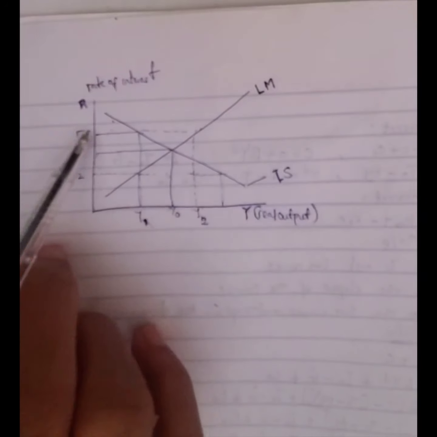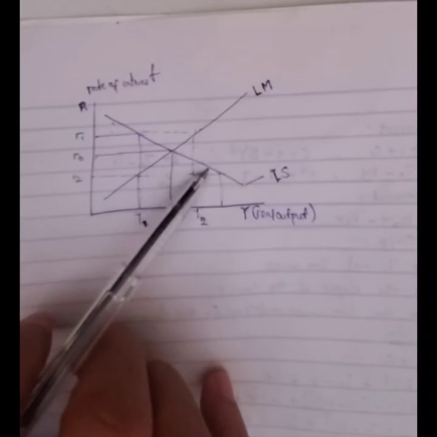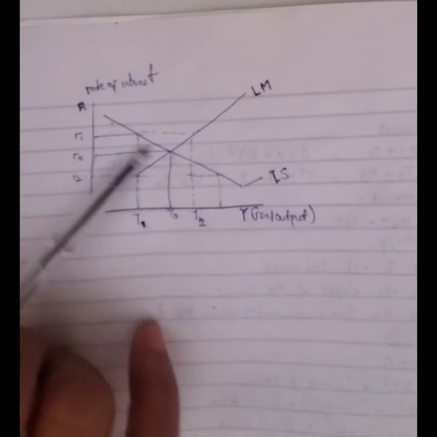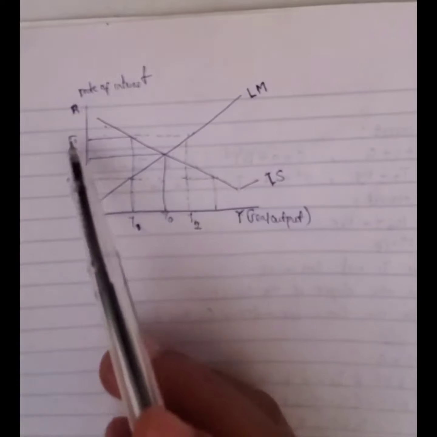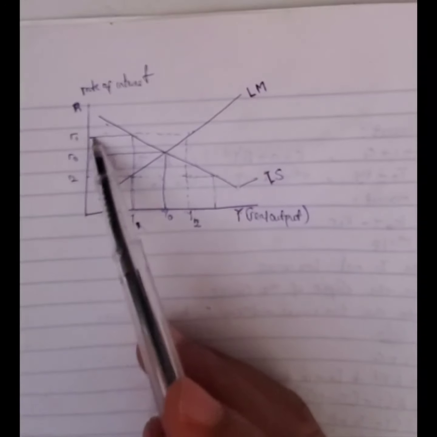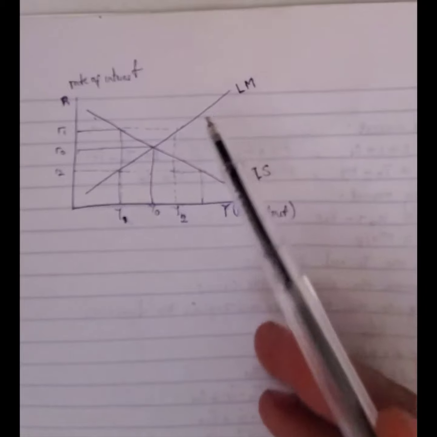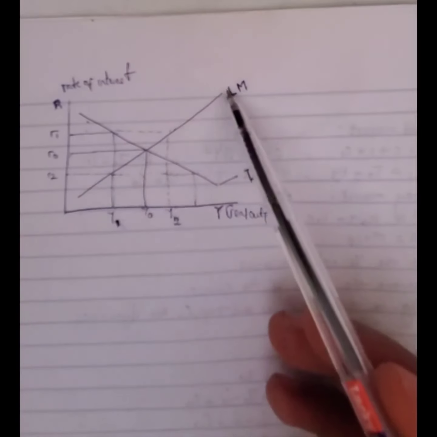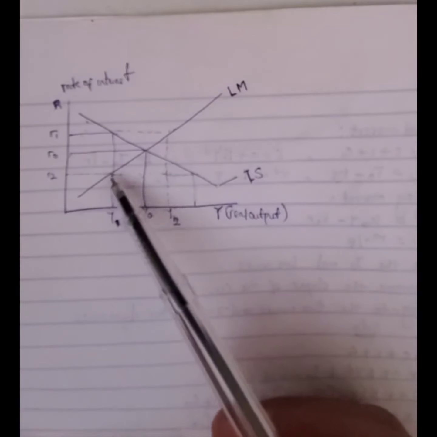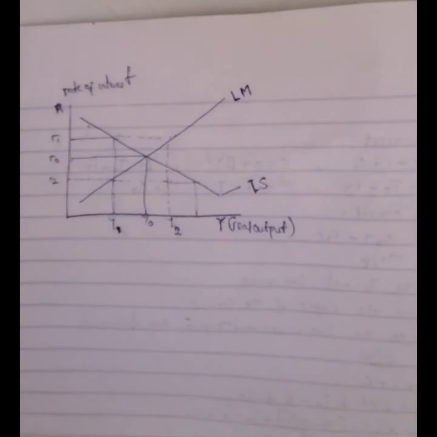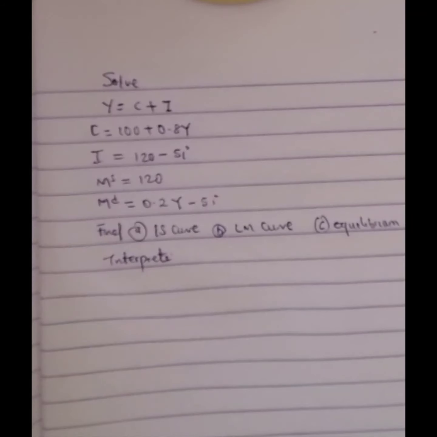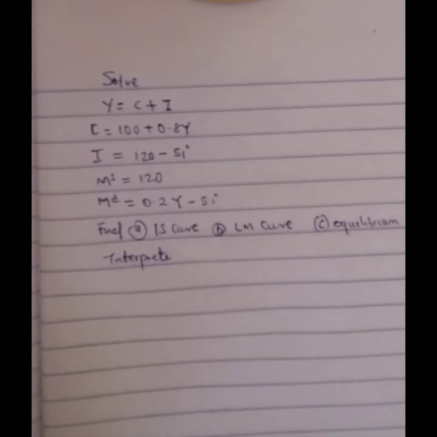Now interpreting the dynamics, if there is an increase in the rate of interest, it leads to a smaller output. We have R as our rate of interest and Y as our real output. As we've said, the negative, downward sloping line is our IS curve, and the upward sloping, positive line is our LM curve. This point here is at equilibrium.